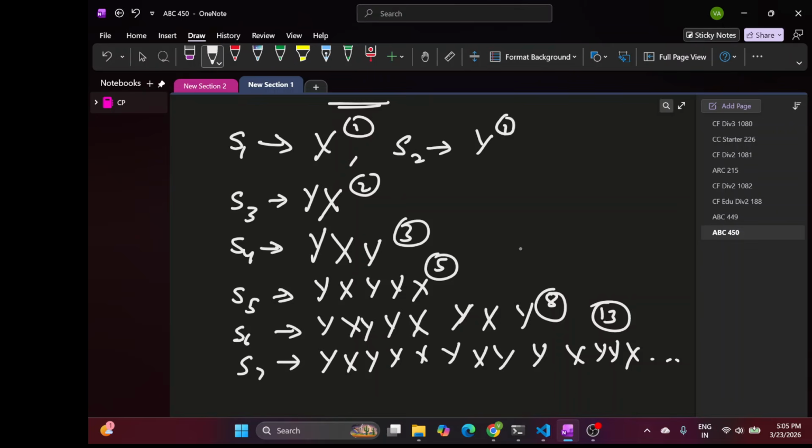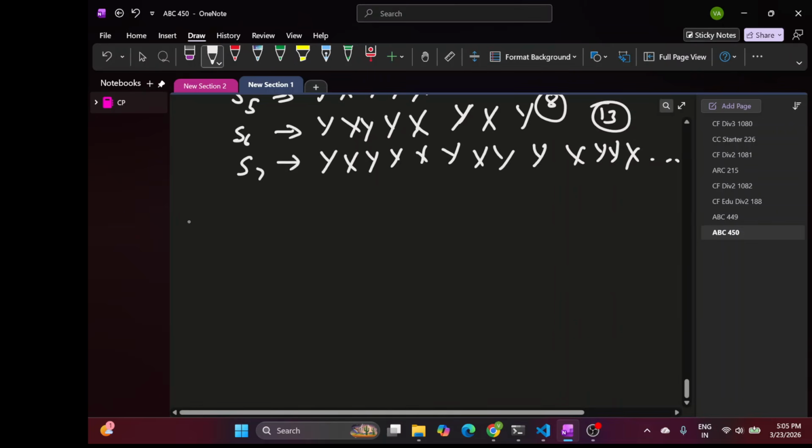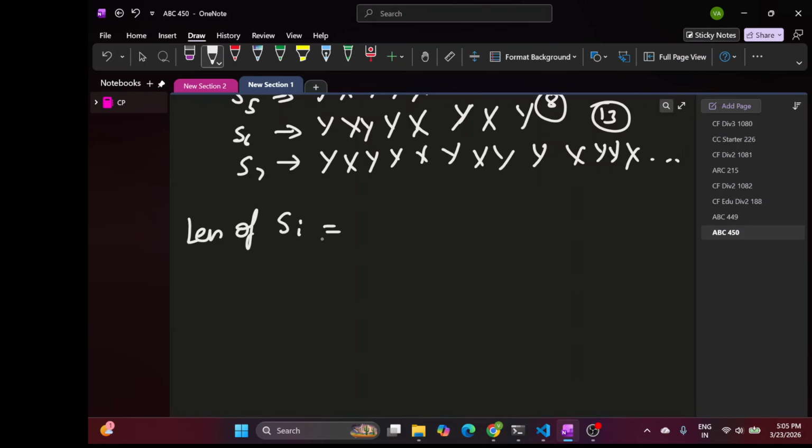And obviously the length of Si is the ith number of the Fibonacci series, right?